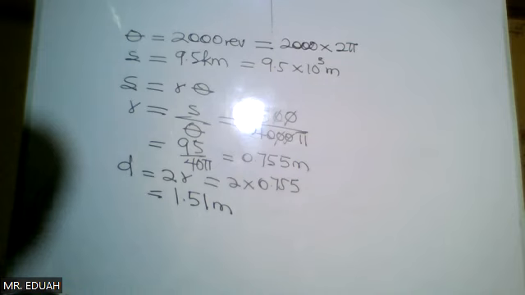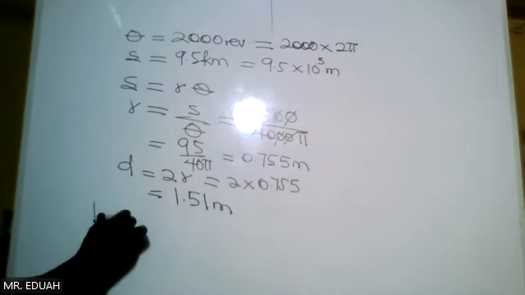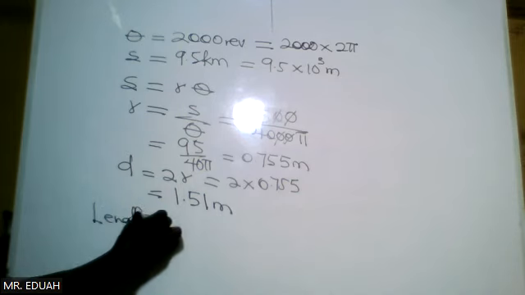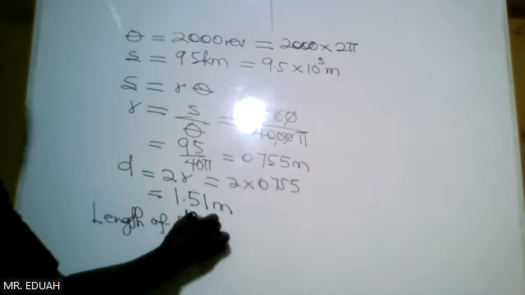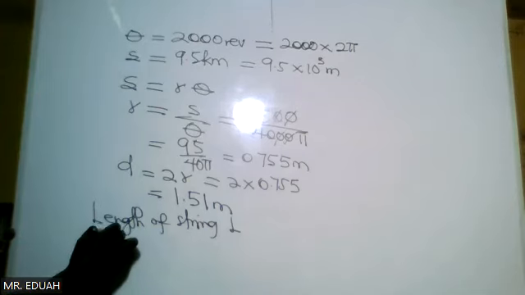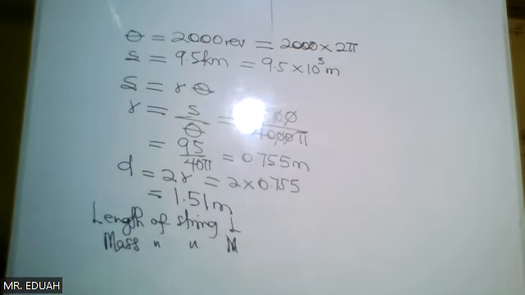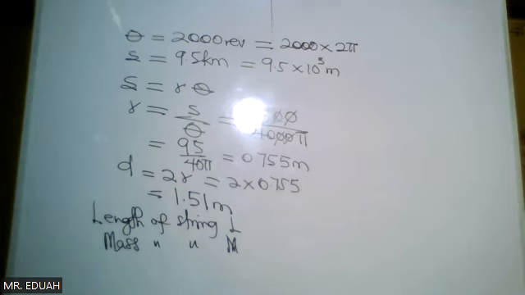So the length of the string is L, and the mass of the string is capital M. The string makes 2 over pi revolutions per second.